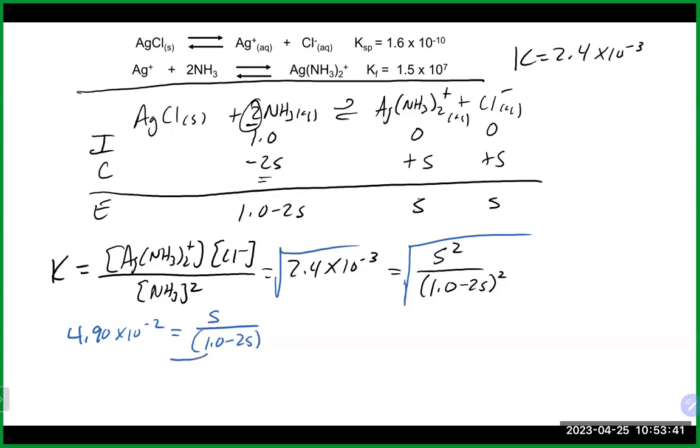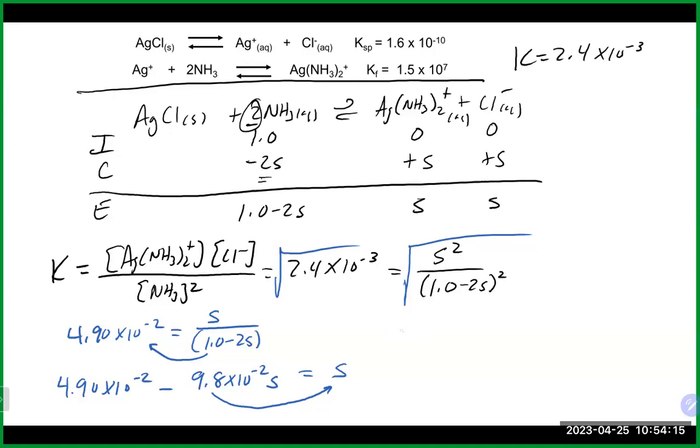We're going to multiply this to the other side, and that will give us 4.90 times 10 to the minus 2 minus 0.9 to the minus 2 times 2, which will give us 9.8 times 10 to the minus 2s equals s. We're going to bring the s to the same side, so we're going to add it back over there. So that's basically 1 plus 9.8 times 10 to the minus 2.